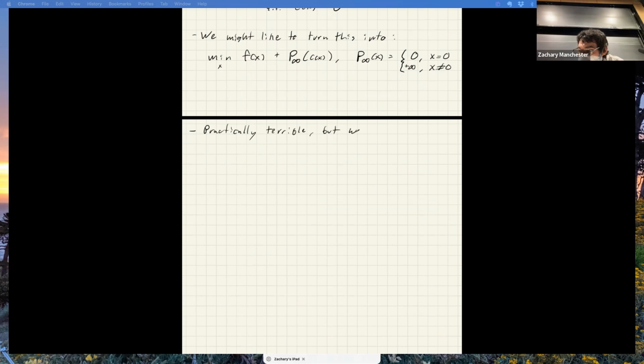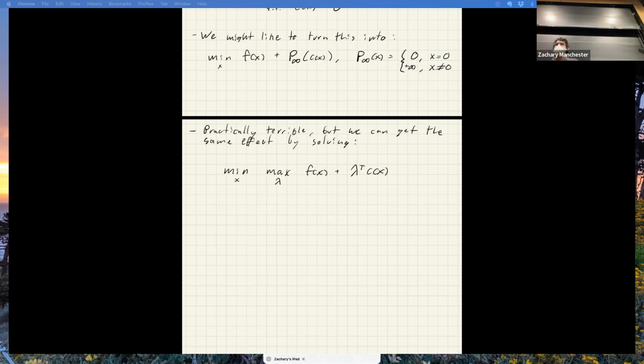But we can get the same effect by solving this kind of weird nested problem. So min over x of max over lambda of f of x plus lambda transpose c of x.